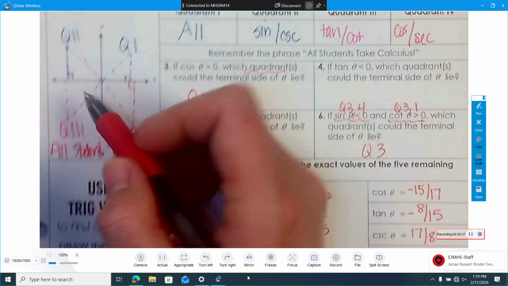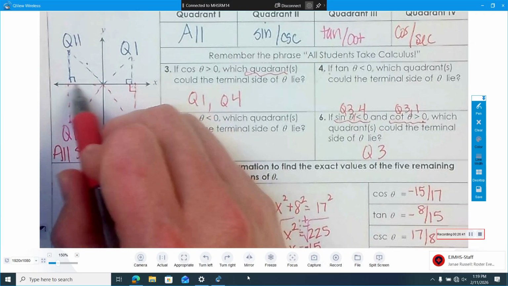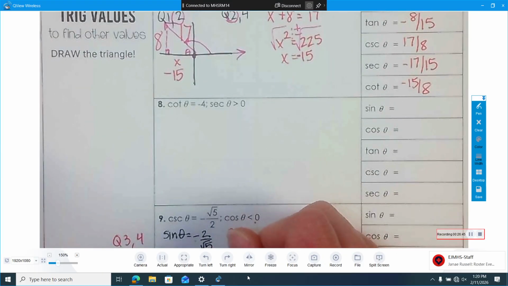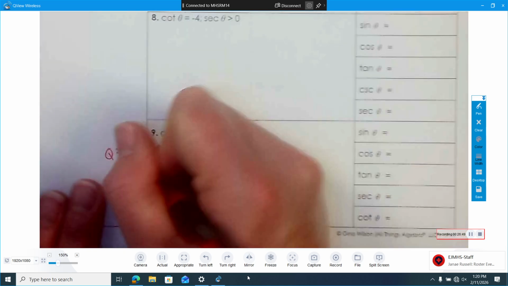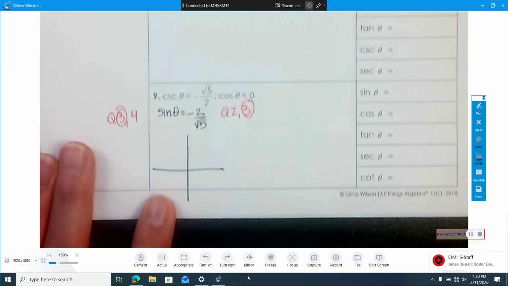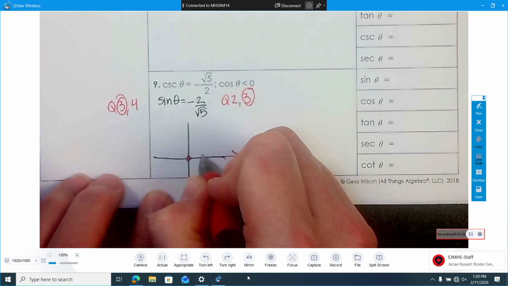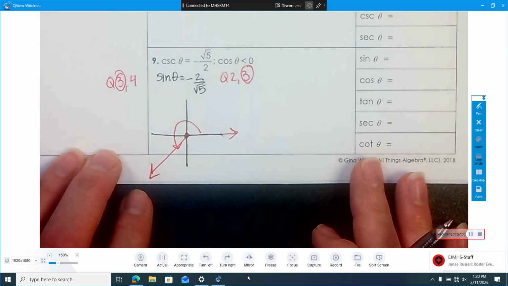Yeah, cosine is adjacent over hypotenuse, and the adjacent here is negative in quadrants 2 and 3. So which quadrant are we going to draw it in? Yep, they got 3 in common. So I'm going to draw my angle in standard position, and it's going to terminate in quadrant 3 right there.